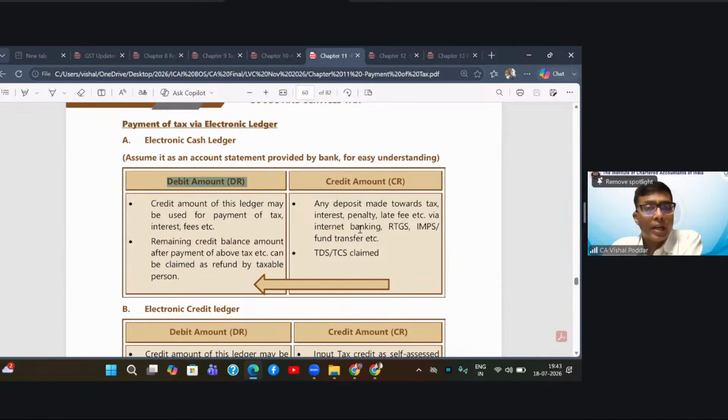Why? Because just remember your 11th standard BRS. You have a bank account in your books, plus the bank has also maintained records of your transactions in their books, which we call the passbook or the bank statement. If you see the passbook, whatever money you have deposited in your own bank account, the passbook shows it as credit.